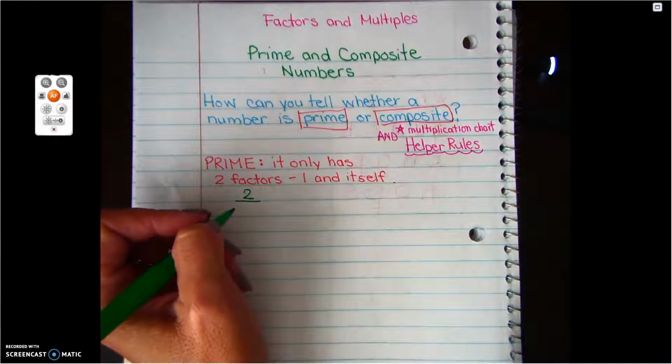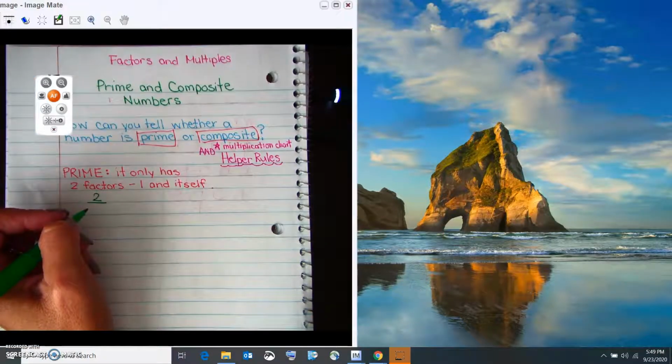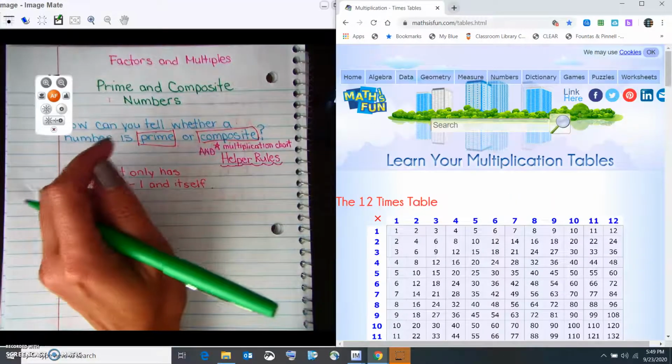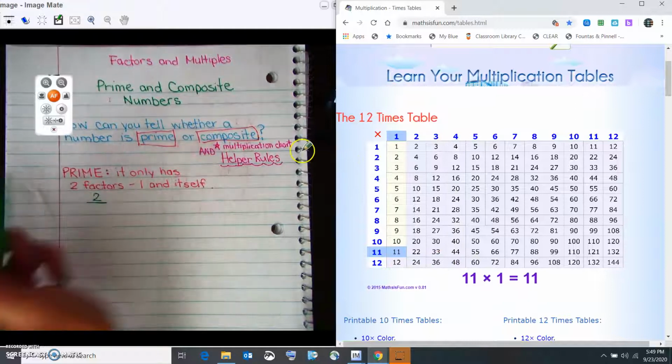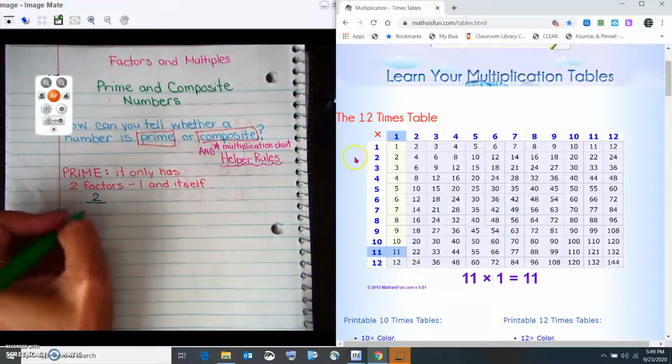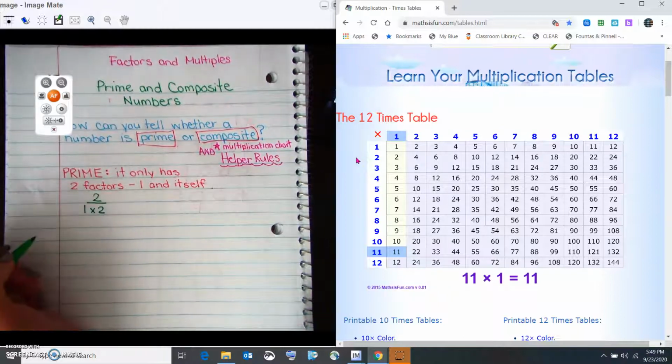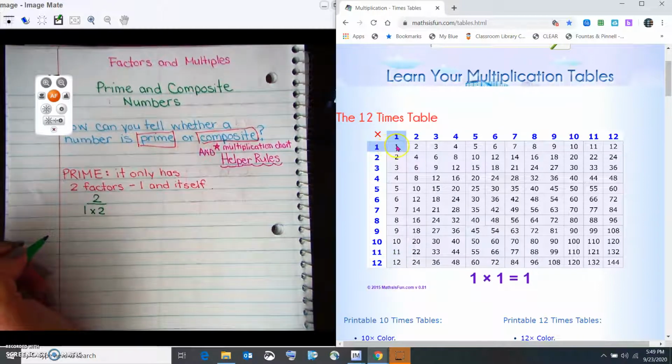So I'm going to go ahead and pull up our multiplication chart so I can show you how to use that. Alright, so we have our multiplication chart here. So we want all the factors of 2, and we know that 1 times 2, so that's 1 and itself. So if we look on this, do we see 2 any other place?